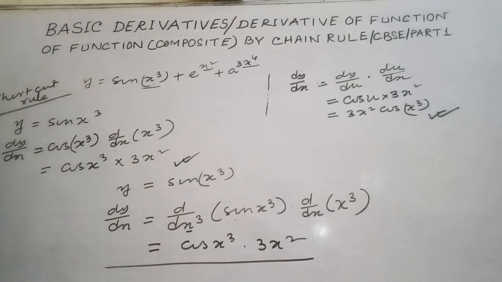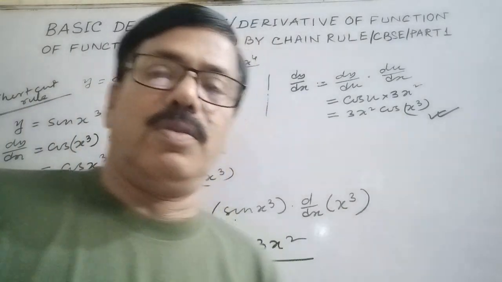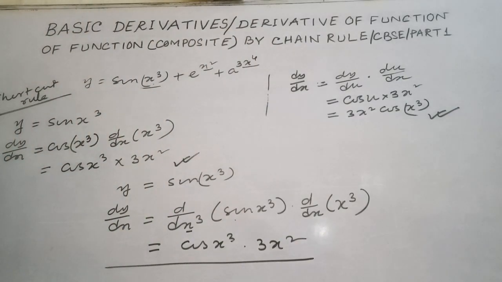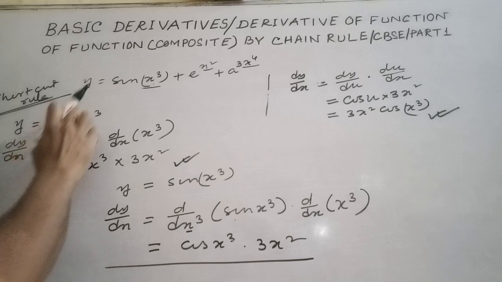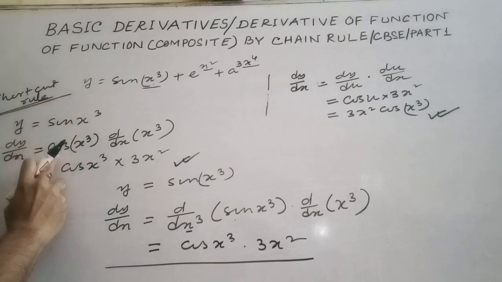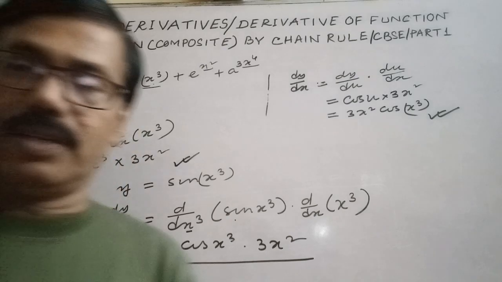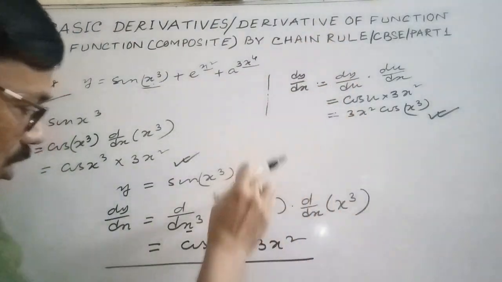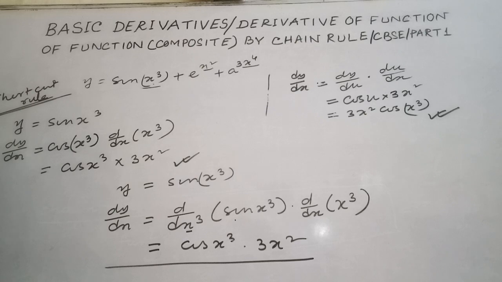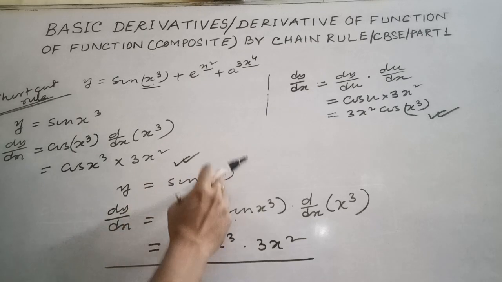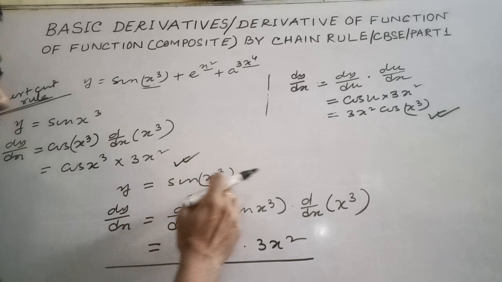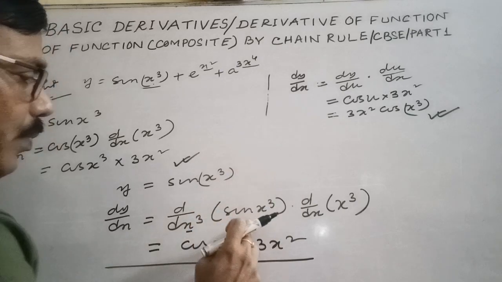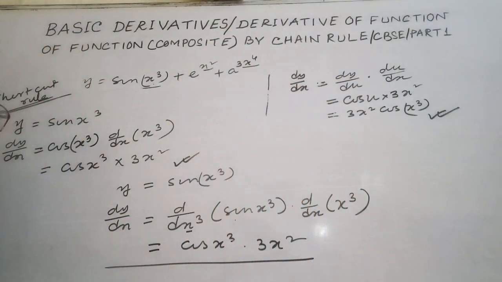So the first one is by the chain rule, putting in a transformation. The second one is the shortcut rule, omitting one step: cos x cube into d dx of the argument. The third one is also the chain rule without putting in any transformation. What is the rule? Take the derivative with respect to the argument, then d dx of the argument.